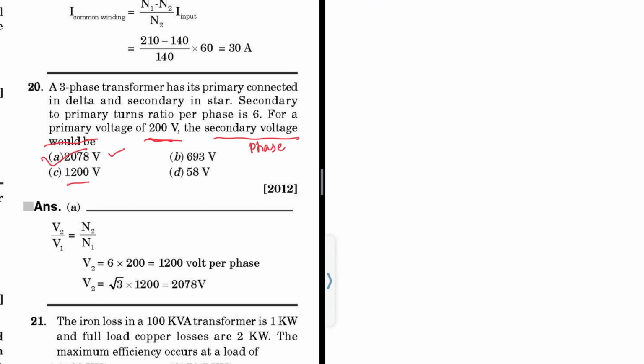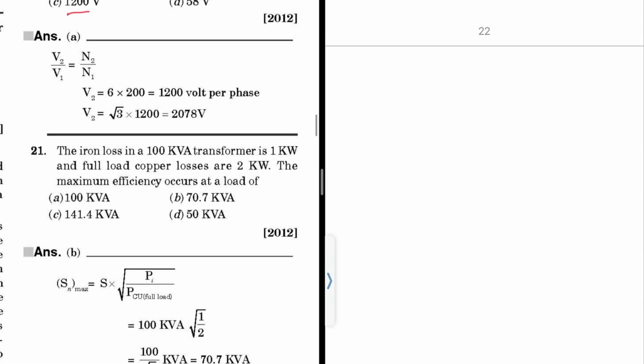Coming to the next question, 21. The iron loss is given as 1 kilowatt and the copper loss as 2 kilowatt. They ask at which load the maximum efficiency occurs. We know that the kVA rating at maximum efficiency is equal to the full load kVA into root over iron loss by copper loss.